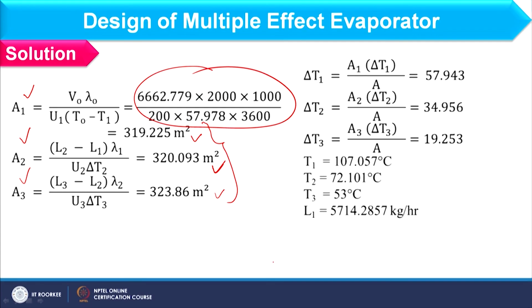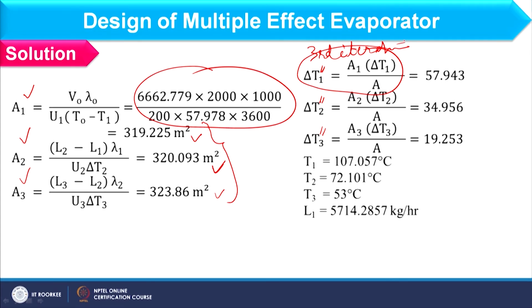Okay. So, next we have to find out average area, and considering this average area as well as the calculated area, you can find out delta T1 prime. You can find out delta T1 double prime and delta T2 double prime and delta T3 double prime, right, because from here I am having the third iteration.